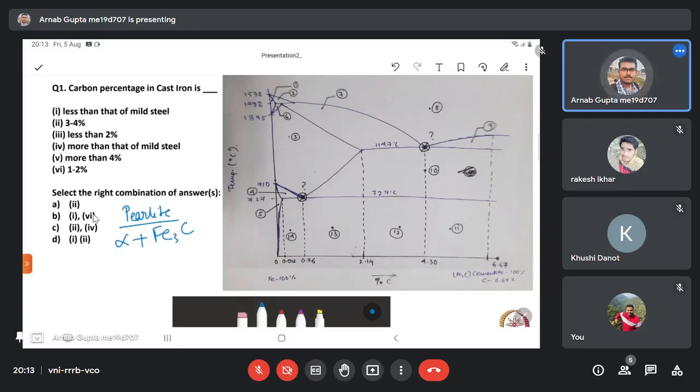If you are asked to find the phase composition using the lever rule, like how much percentage of alpha and how much percentage of cementite is there in pearlite, will you be able to do that? You know this is the line which represents pearlite. You know the carbon percentage here. This point is 100% Fe3C.